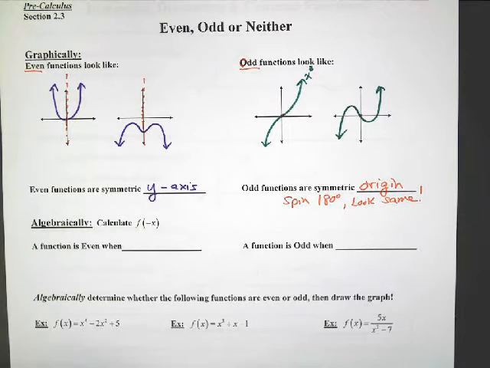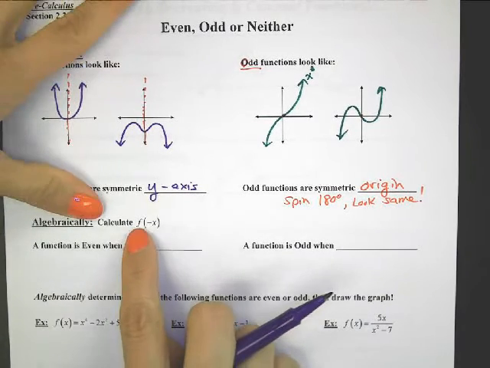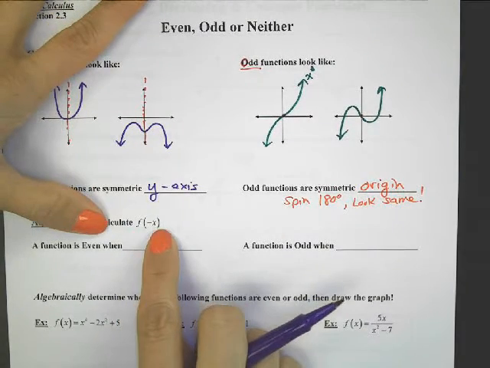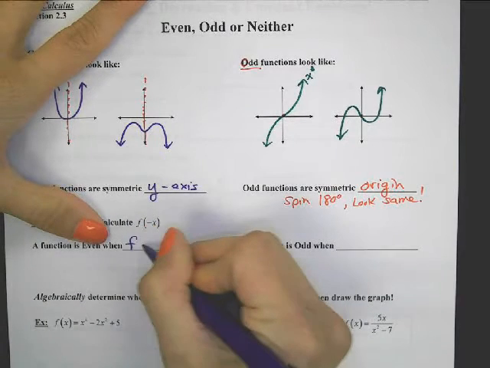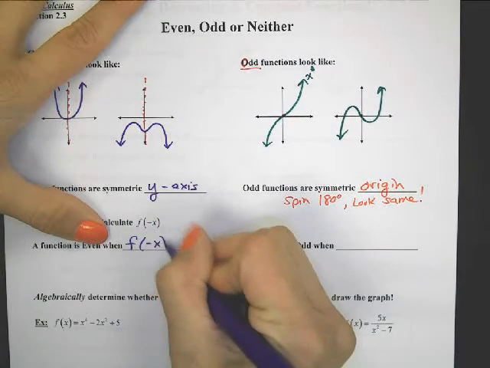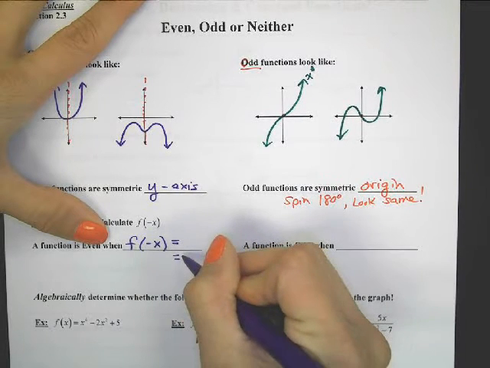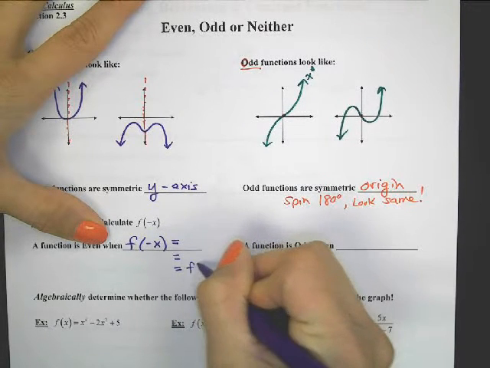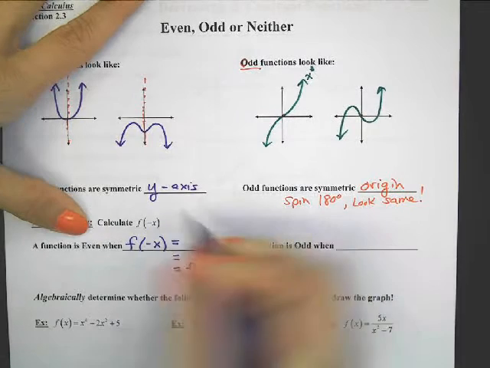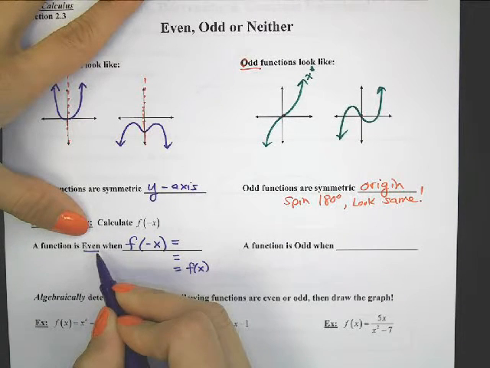Now, if you don't have a picture to look at, how do you figure out algebraically if something is even or odd? What you do is you calculate f of negative x. So when you take the function and you put in a negative x, and then you do work, if you get f of x, then it is even.